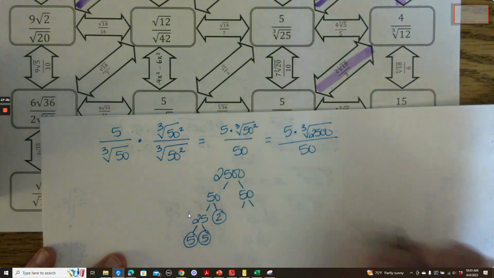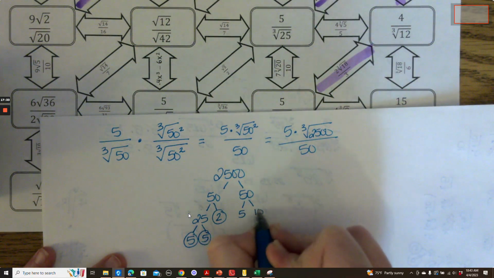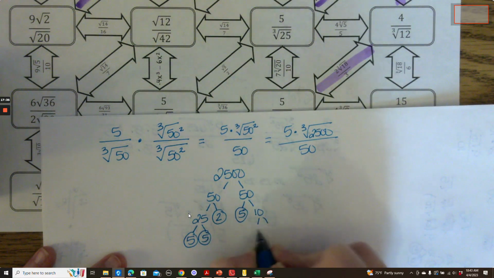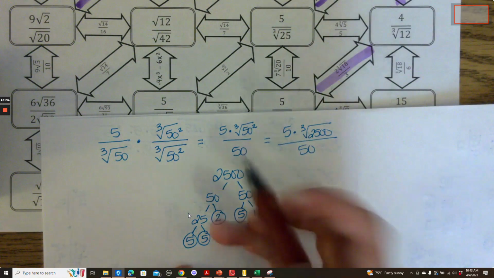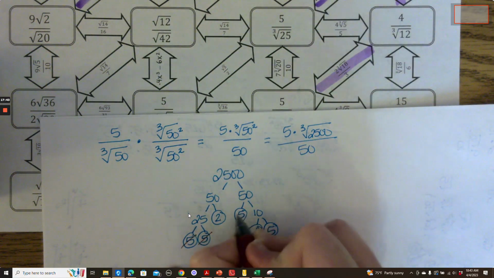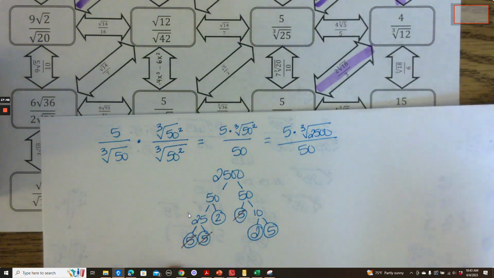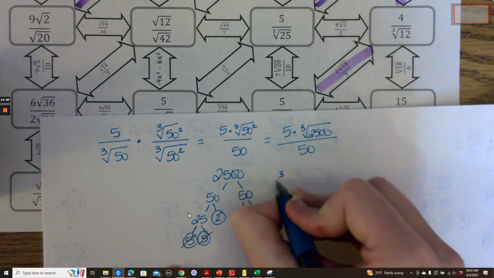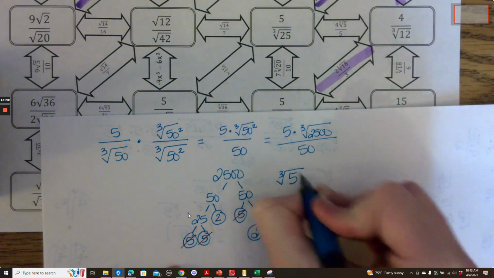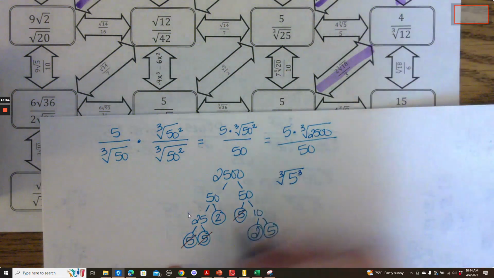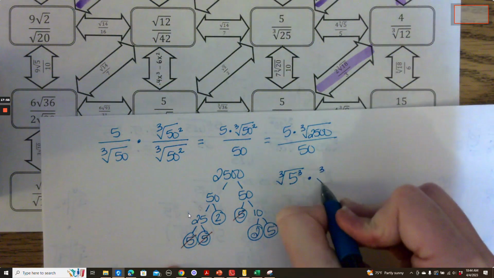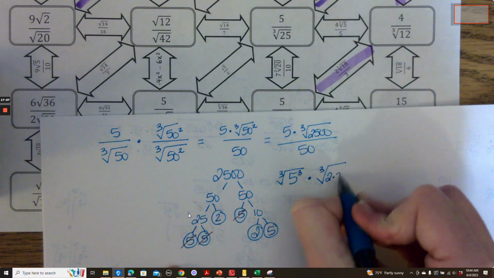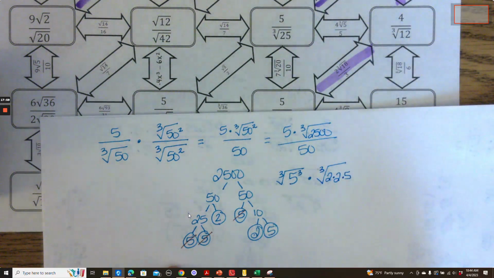If I pick other factors, if I pick 5 and 10, 5 is prime, 2 and 5. All right, group of 3. 1, 2, 3. 3 5s. And then I've got 2, 2, and 5. 2 times 2 times 5.